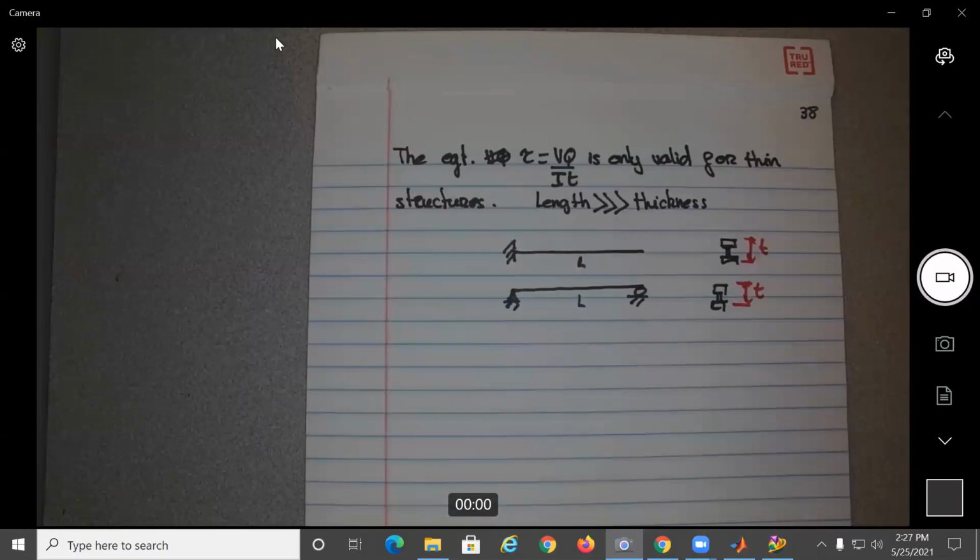If you have something that is very short and very thick, or you have something which is about the same value, these equations are not valid anymore, okay? And try to think about that, all right? If you have a structure that in order to break it, you need to do this, that structure will mean what? You're going to break it in what? In shear or bending?